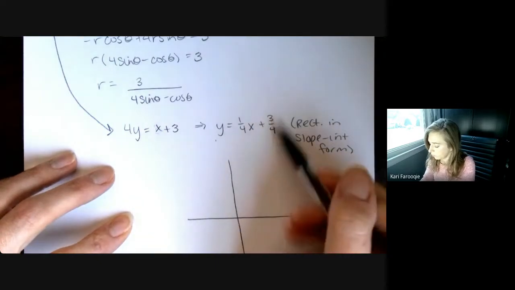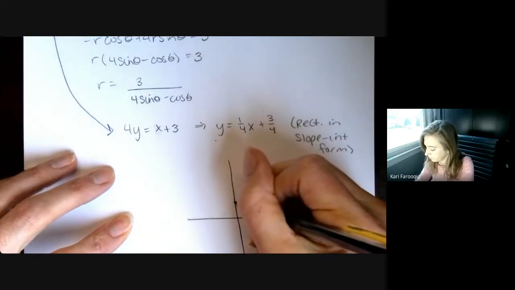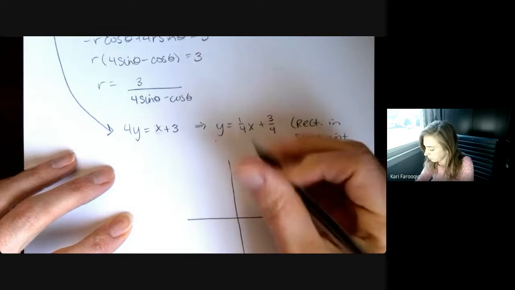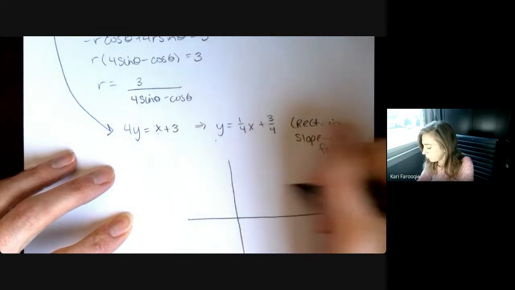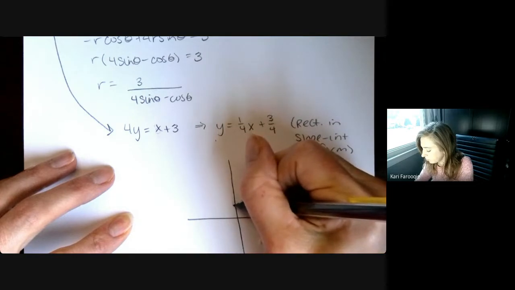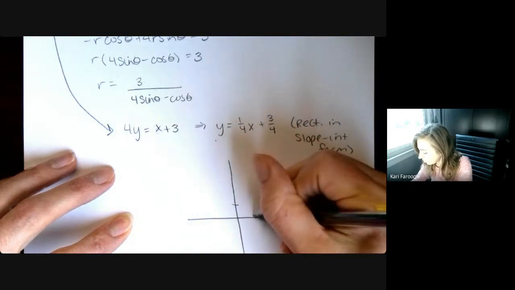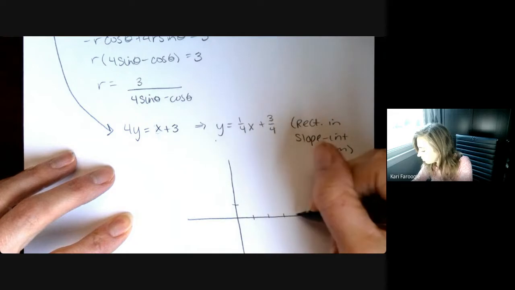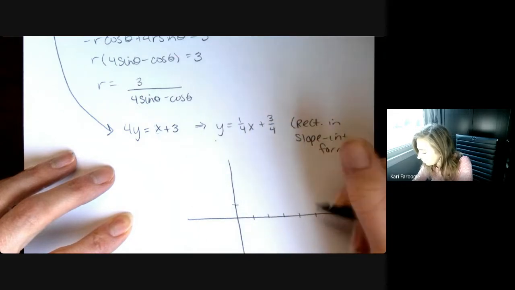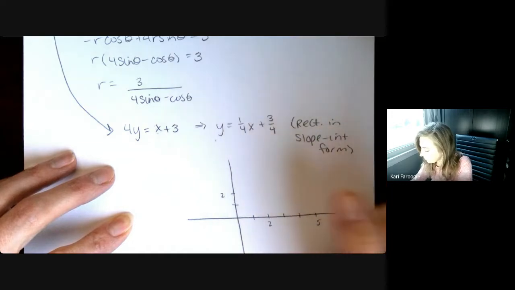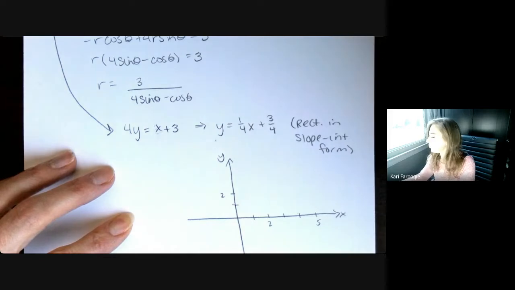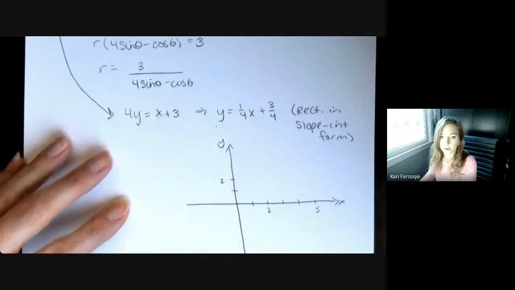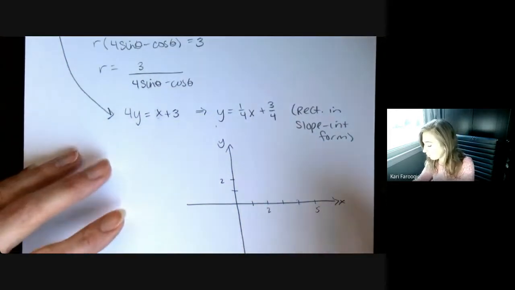So if I was going to graph that, I know that I have a y-intercept at 3/4. Because I know I have a slope of 1/4, so I know I'm going to want to go up 1 and over 4. Okay, so y equals 1/4 x plus 3/4.